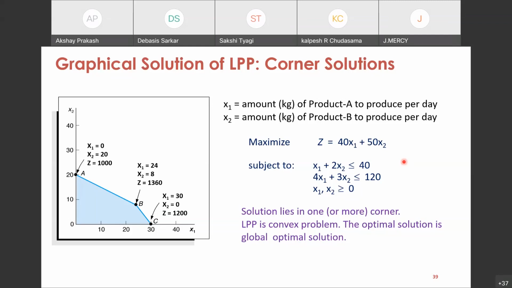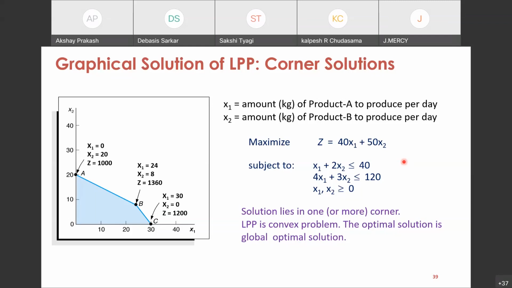So one possible way of solving a linear programming problem is enumeration. That is, you find the value of the objective function at each of these corner points and select the best one. But this will not be practical or feasible for a large scale problem.